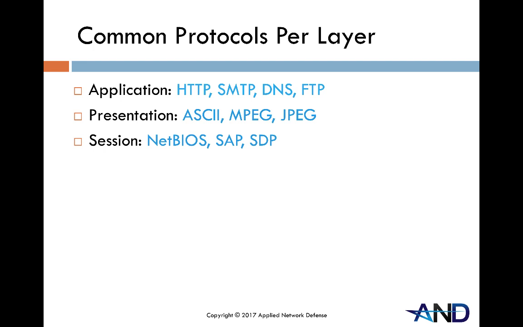Certainly NetBIOS you will in Windows environments, but you don't see a lot of session protocols because a lot of these functions are also handled above at the application layer. So we're not really going to spend a lot of time talking about session layer protocols in this course just because it's not something you'll encounter nearly as often as some of the other things, but it is important to mention the function of the session layer.